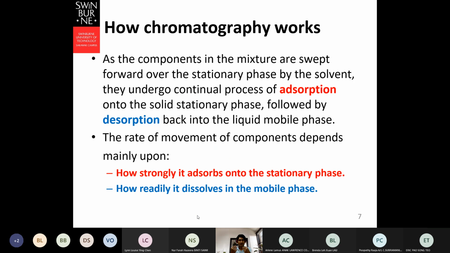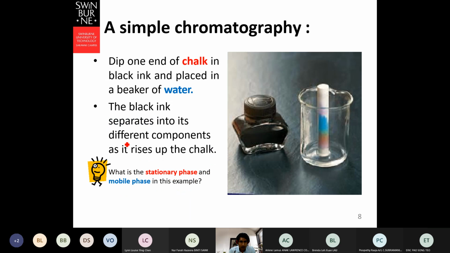Actually, when we are using two different things, like one mobile phase, I think we should go to this simple chromatography technique.